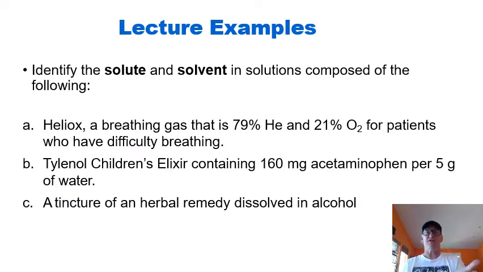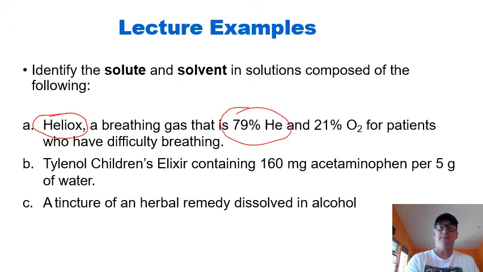So let's identify the solute and the solvent in these particular compounds. Now, heliox is another name for a breathing gas that you would find in hospitals. So that is a solution of 79% helium and 21% oxygen. 21% oxygen is approximately the same percentage of oxygen that naturally occurs in the atmosphere that you're breathing right now.